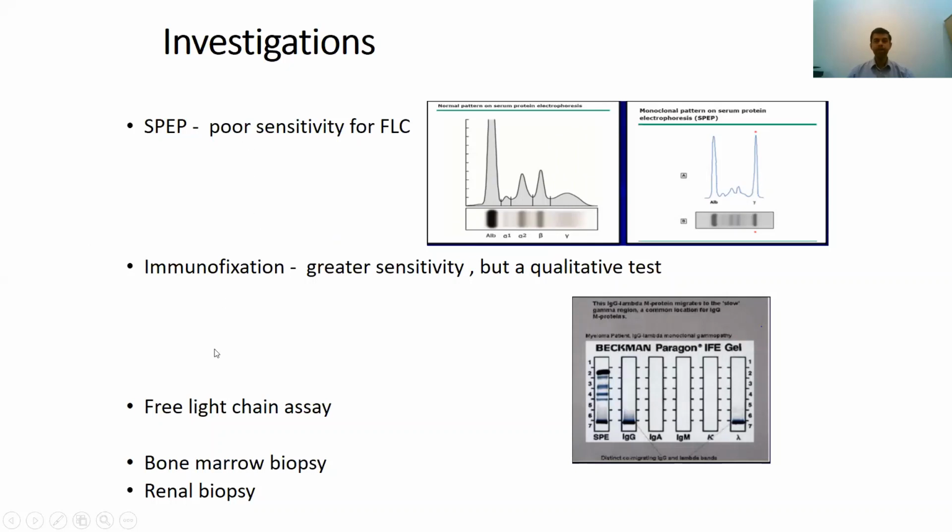But more than that, there is immunofixation, and you can directly do the serum free light chain. You can do a blood test to look at the amount of free light chains in the blood directly, which is much better than serum protein electrophoresis. However, the definitive diagnosis is arrived at with a bone marrow biopsy. And if the kidney is affected, you have to do a renal biopsy to see what sort of renal damage has occurred because of the myeloma.